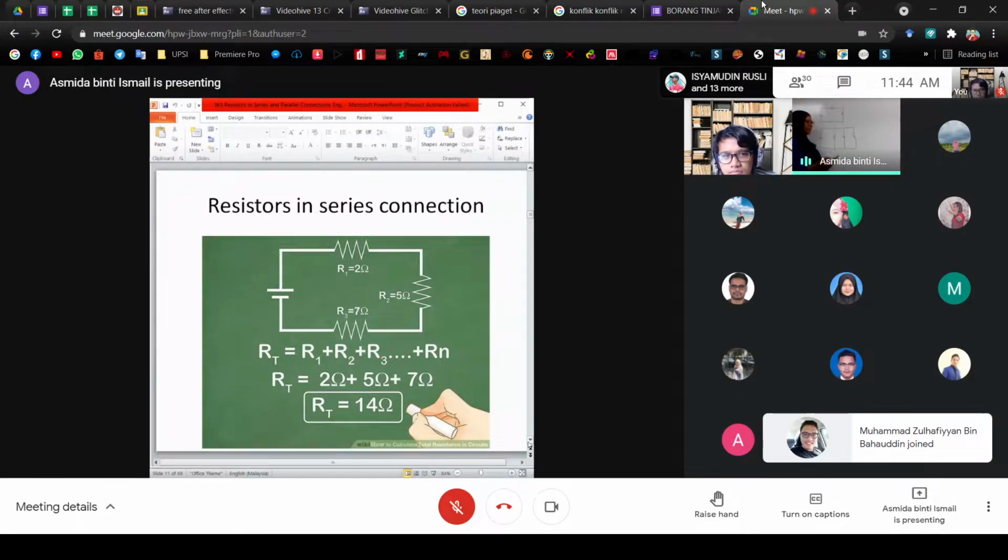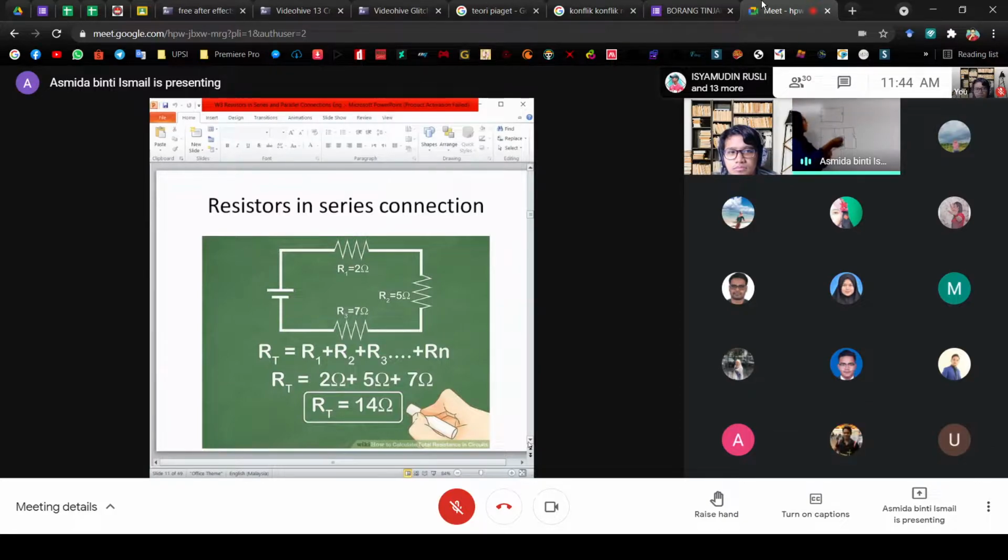So for the series circuit, you just have one value of I, one value of current. Means that the current here flows through this circuit.